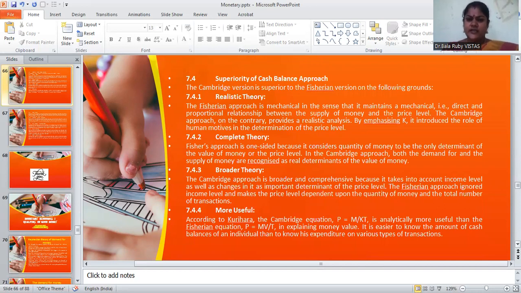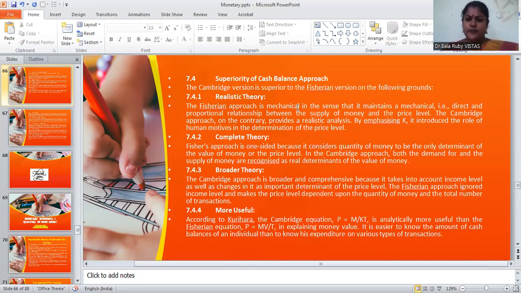Now, let us concentrate on the superiority of this cash balance approach. This Cambridge version is superior to the Fisherian version. Why is it superior? There are some reasons for this superiority. First reason is a realistic theory.